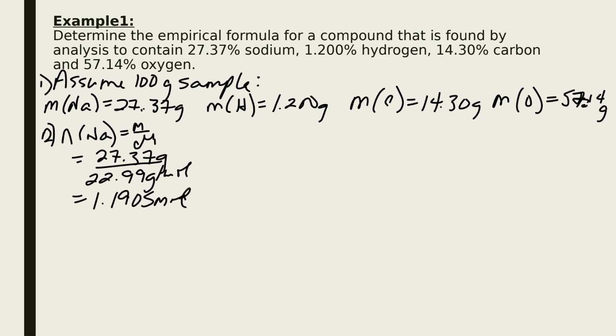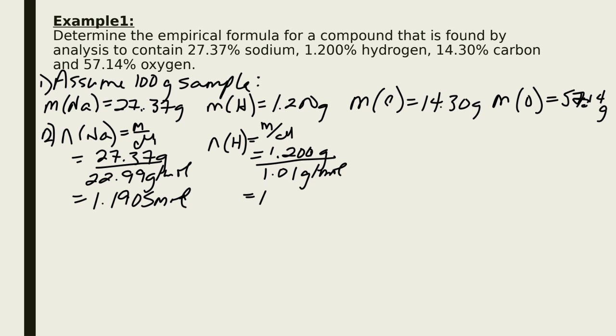We'll do the same thing for hydrogen. We have to figure out the moles of hydrogen, and we're going to take mass divided by molar mass, 1.200 grams, divided by the molar mass, which is 1.01 grams per mole, and then we get a mole value of 1.188 moles of hydrogen.